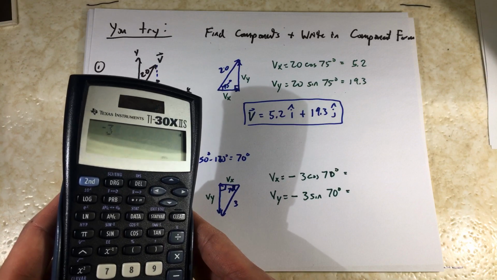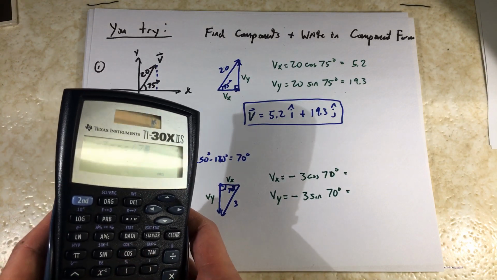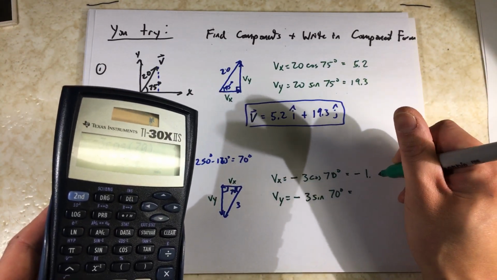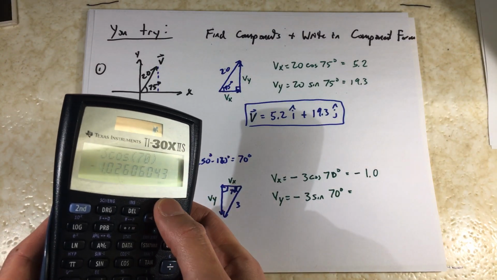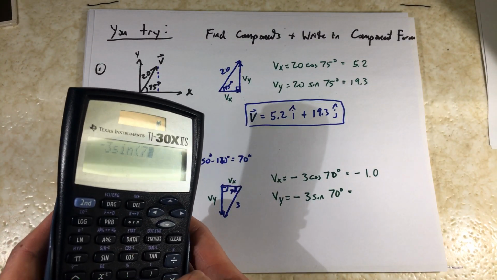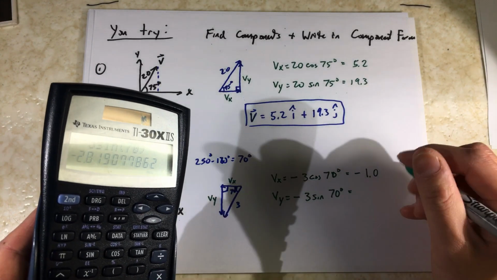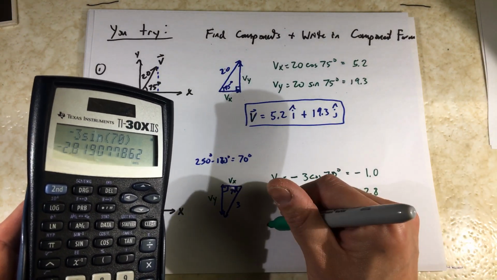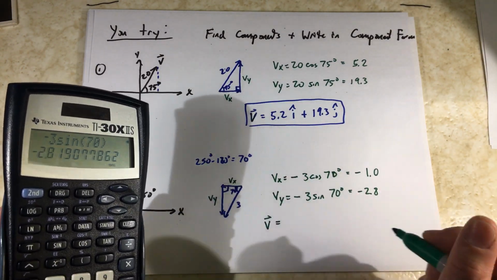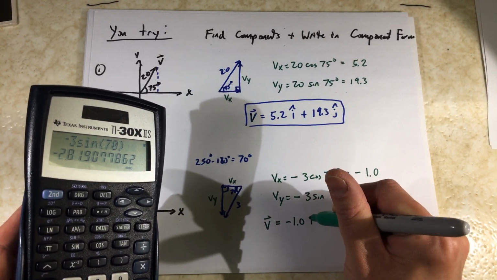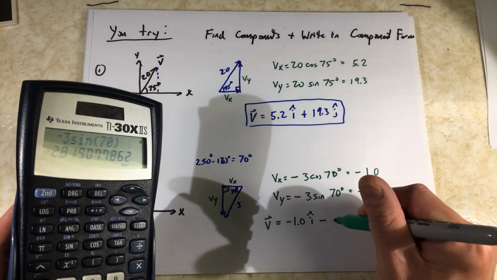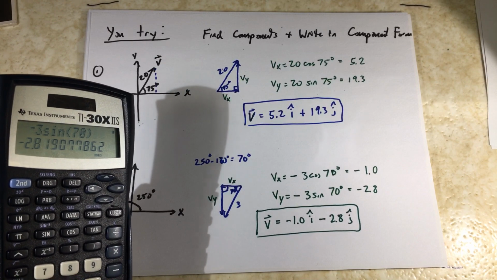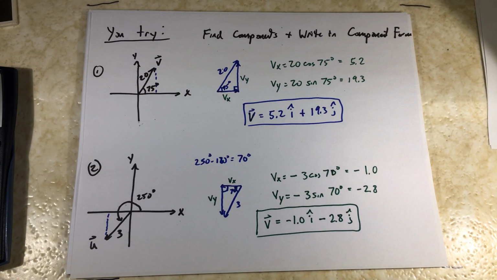Negative 3 cosine 70, I get negative 1.0, and negative 3 sine 70, I get negative 2.8. So my vector would be negative 1.0 i hat minus 2.8 j hat. Those would be my two vectors.